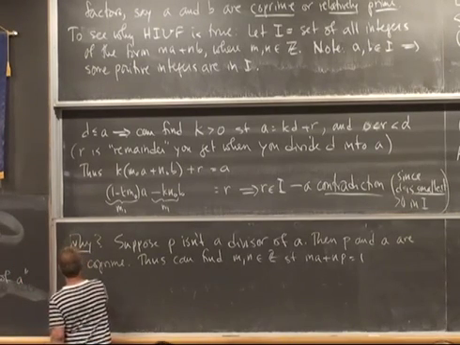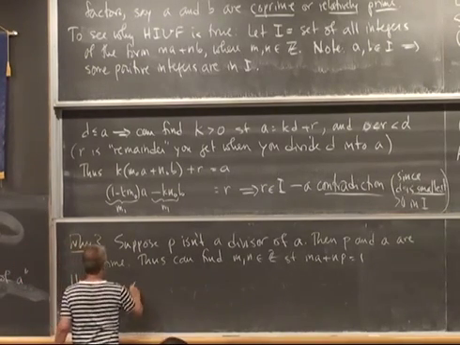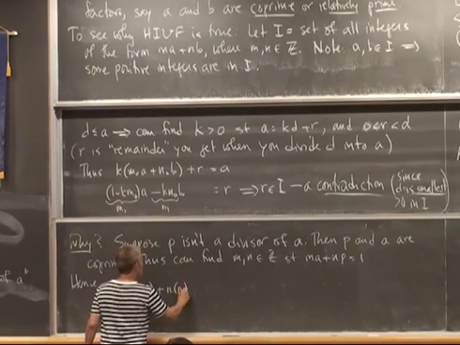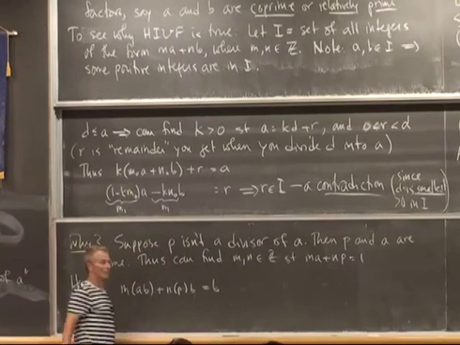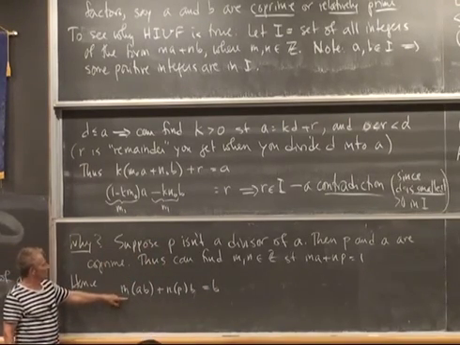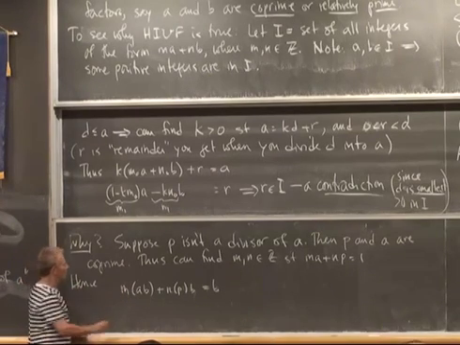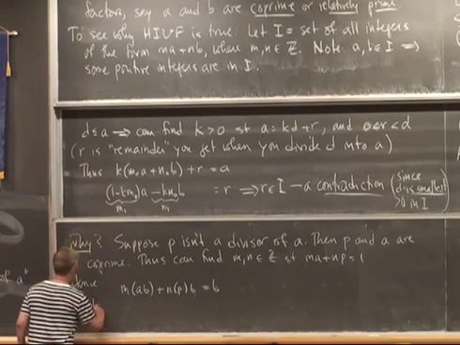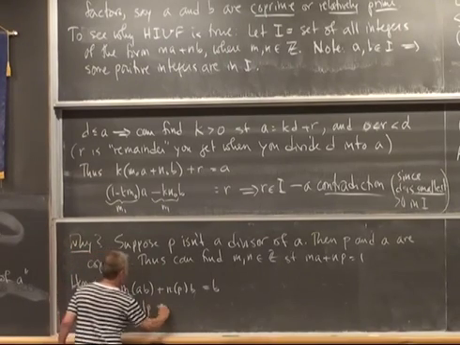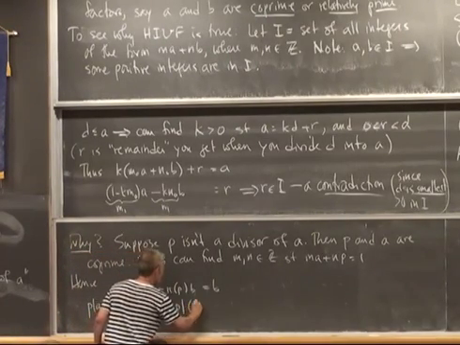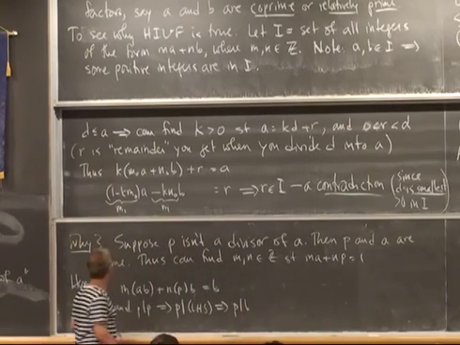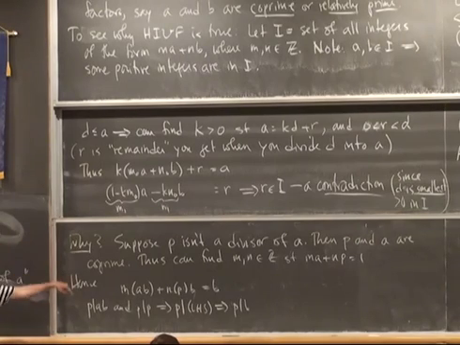And you have m times ab plus n times pb equals b, right? And look, P is a divisor of the left-hand side. How come? P divides AB, that's an assumption, and P divides P. That means that P divides the left-hand side, which means that P divides B. Conclusion: if P doesn't divide A, it has to divide B.